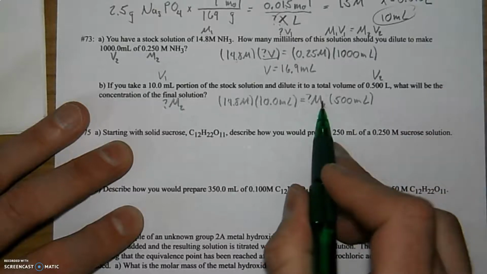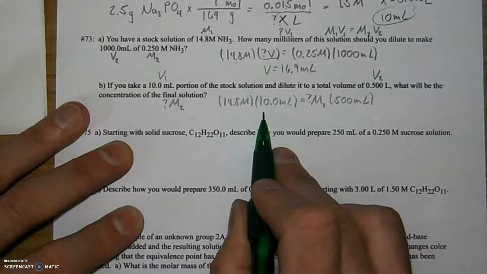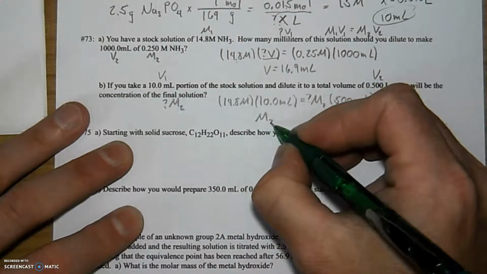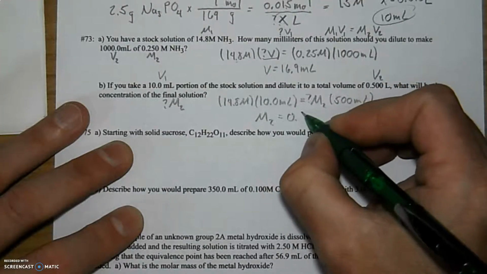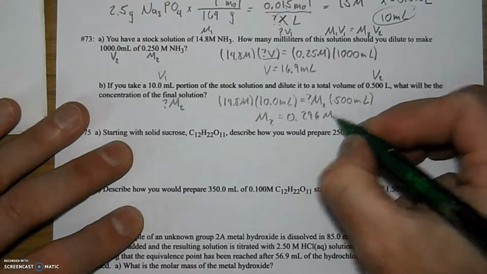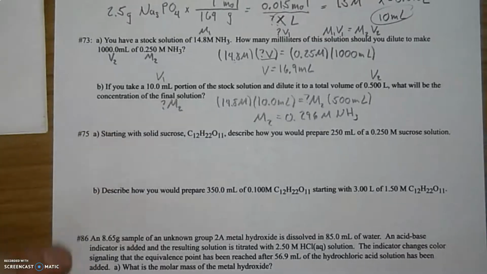If we solve for the molarity, isolate that, swing 500 mils underneath over there, you will find an answer of, drum roll please, 0.296 molarity. And just for fun, it happens to be ammonia.